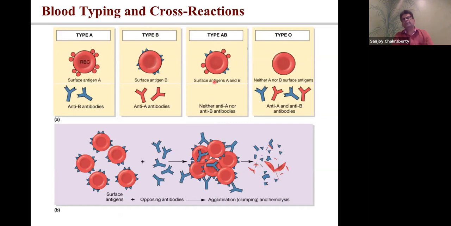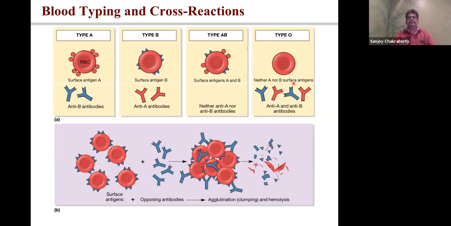They accept everybody. On the other hand, O can only take from O because they have both the antibodies, so they don't like any other blood. So they can give to others. So they're universal donors.